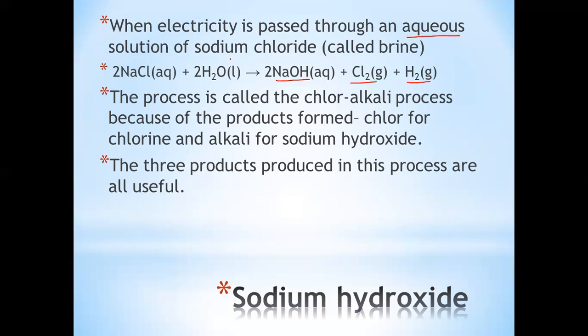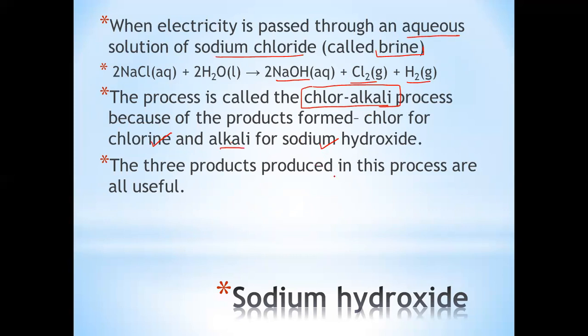Aqueous solution of sodium chloride is known as brine. The preparation of sodium hydroxide by this process is called the chlor-alkali process. This is because the products formed are chlorine and sodium hydroxide, which is a water soluble base.